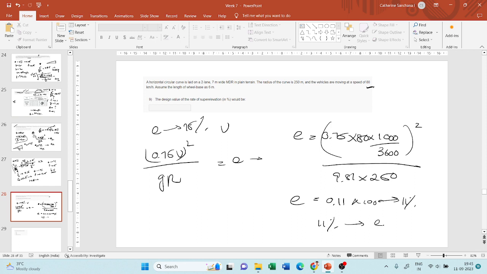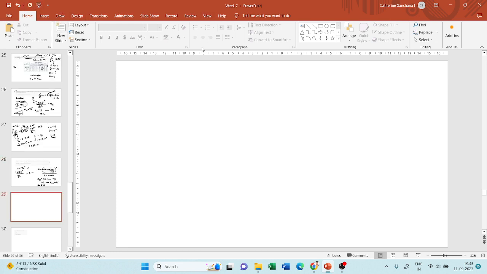What is the maximum value of E? It is 7%. So ED, the design value which I am finding out, is greater than 7%. So I have to move to step 2. Now step 1 is over. What did I say about step 2? If the super elevation cannot exceed the maximum value, then I have to ask the help of friction, right?